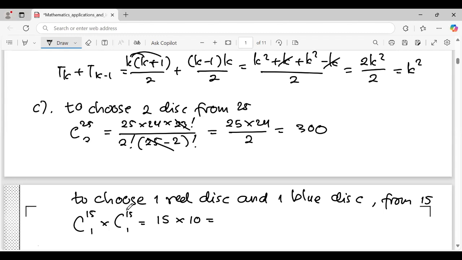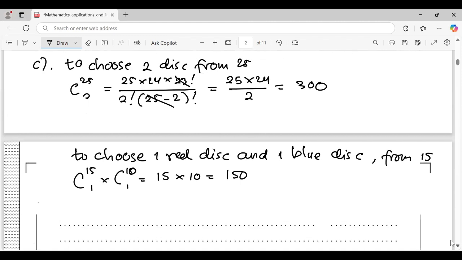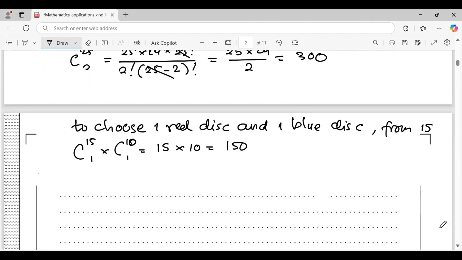Okay, sorry, this is 10. That is 150. So one red disc from 15 and one blue disc from 10.